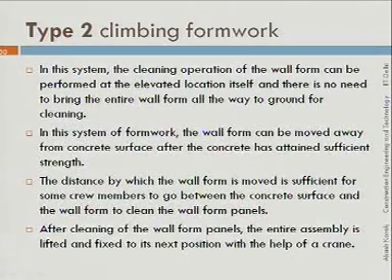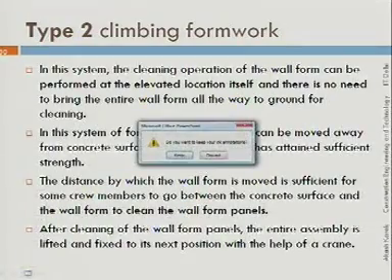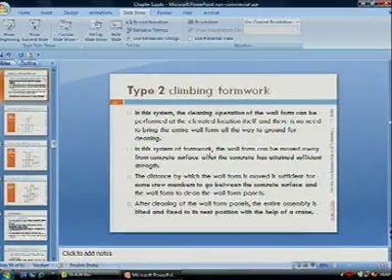Then we discussed different types of, I gave you 3 types of climbing formwork, although we discussed only type 1 climbing formwork, right? I told you how they are different compared to conventional wall formwork. So if you have any doubt, please feel free to ask.